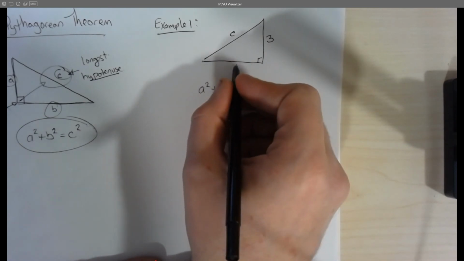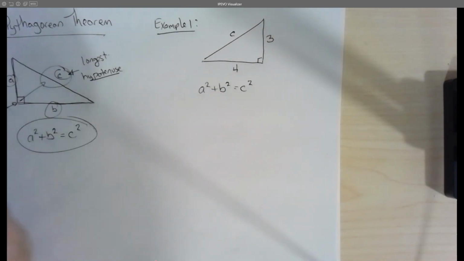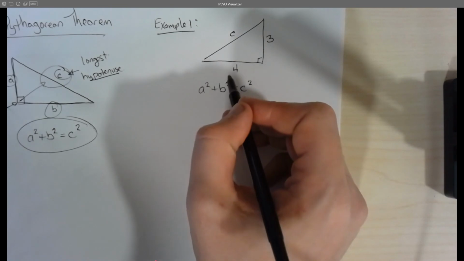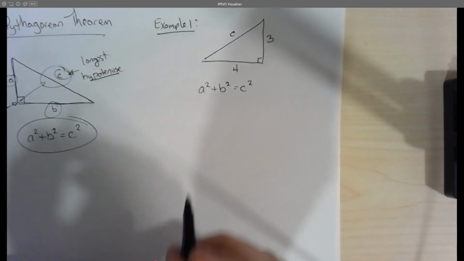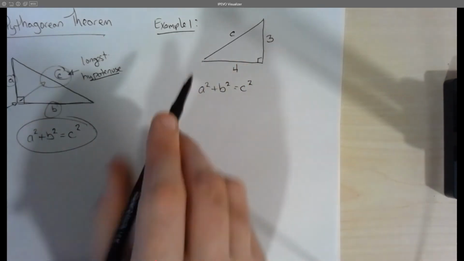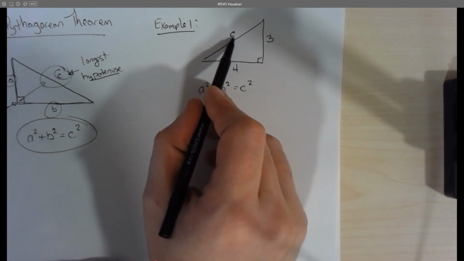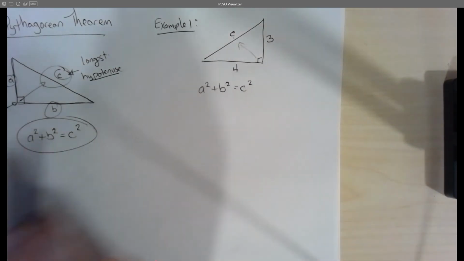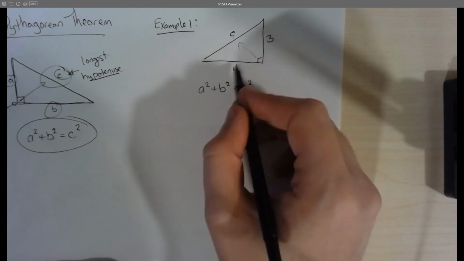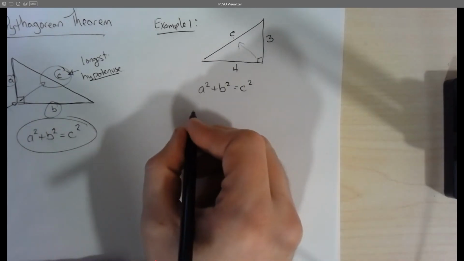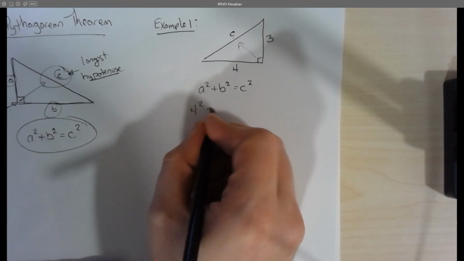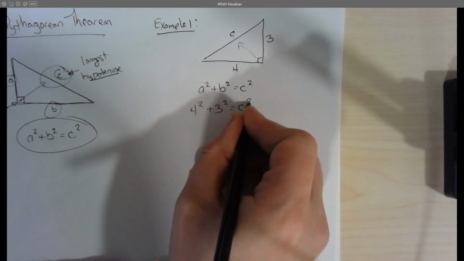We can think of A as 4 or A as 3. It doesn't matter because we're adding them together. If you have 3 as your A and 4 as your B, that's totally fine. The only thing that really matters is that C is your longest side length, your hypotenuse. Your A's and your B's, you can switch them up. So 4 squared plus 3 squared equals C squared.